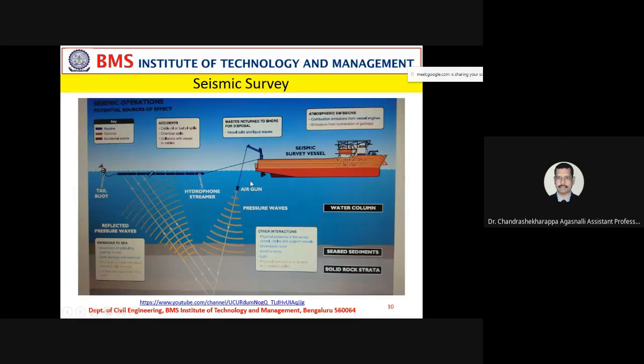Here in the water column, the pressure waves pass easily. When it comes to the seabed sediments, this is a small thickness of seabed sediments. Some waves are not reachable here because there is a loose strata, so one or two rays are reflecting somewhere here.